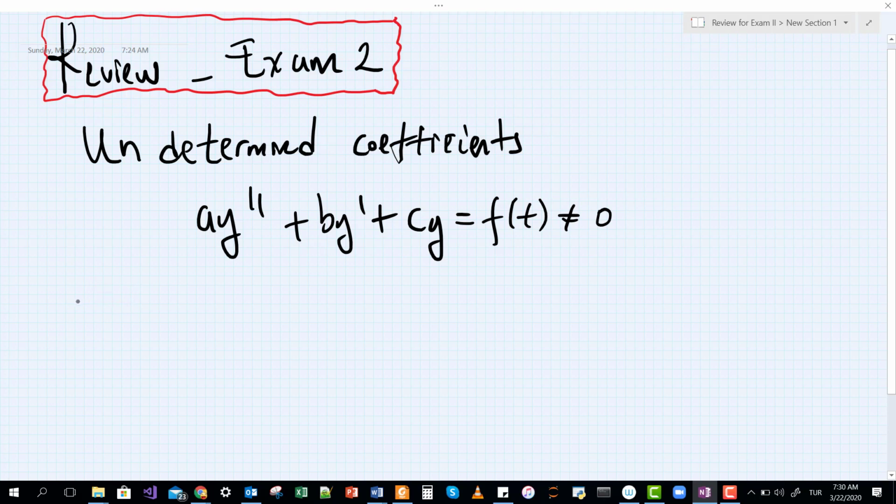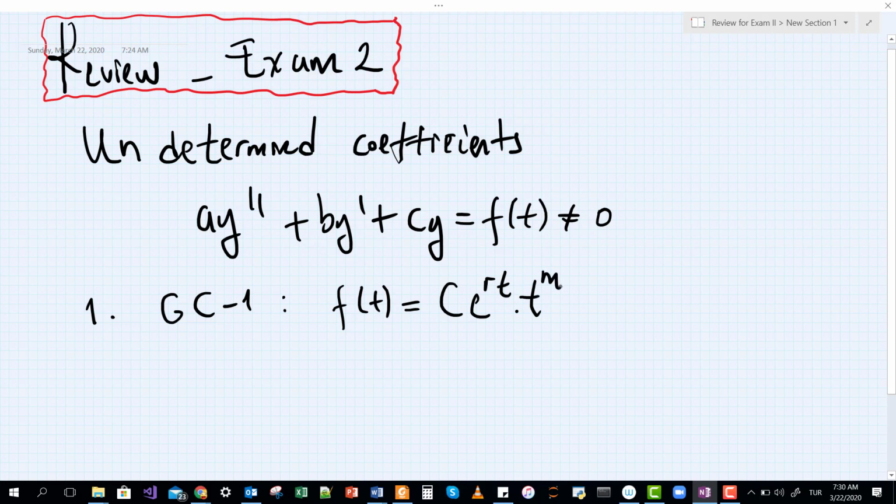As you know, we will be using two main rules, and we call them GC1, general case 1. This rule was saying, if you have a function f of t on the right hand side in this form, t to the m, you can suggest this particular solution.